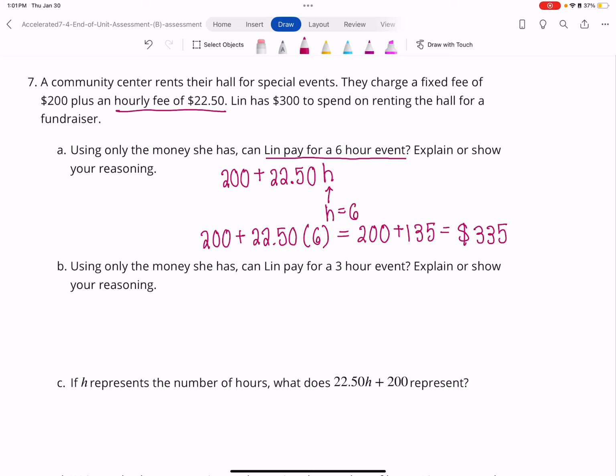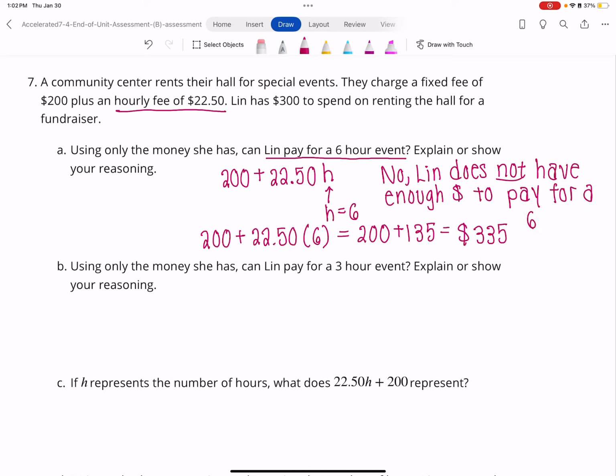So, no, Lynn does not have enough money to pay for a 6-hour event.